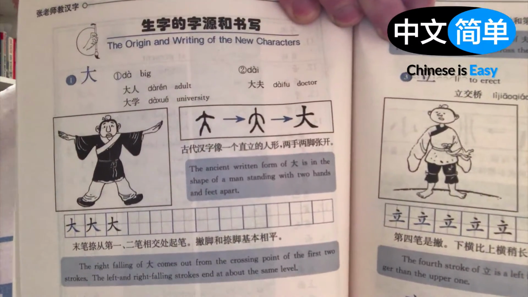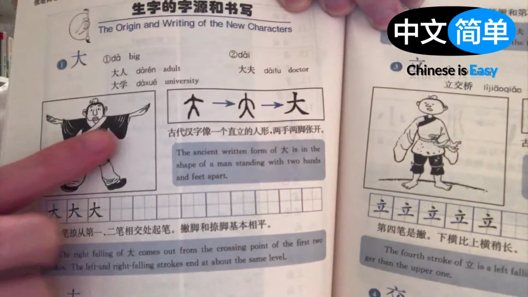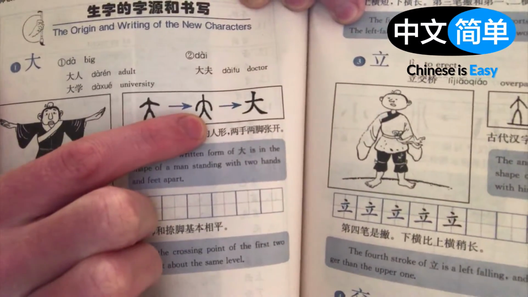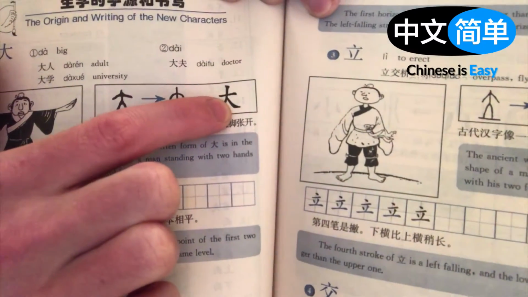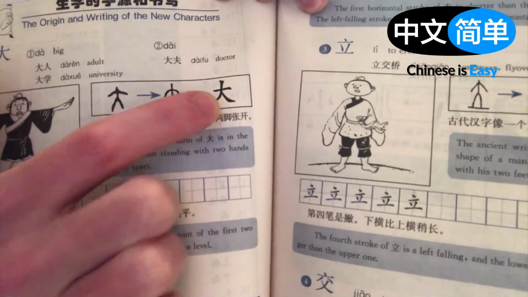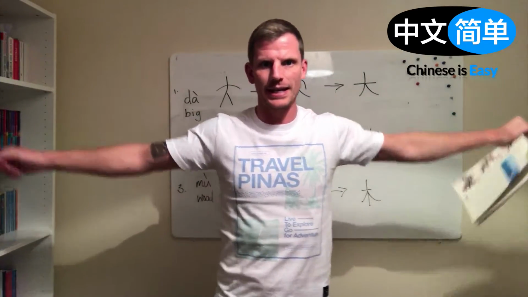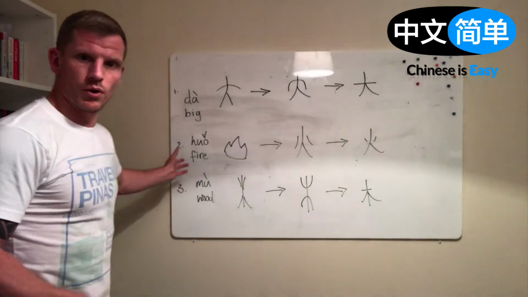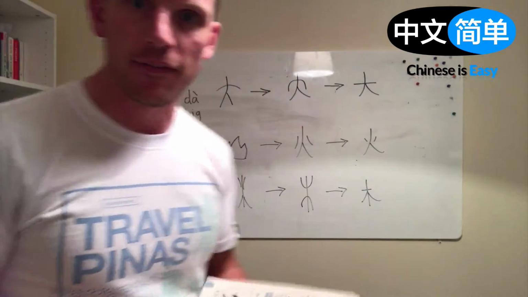As you can see, it started off as basically a man, and then here a man with his arms drooping down, and then the current form that we use now. So I think that makes it quite easy to remember if you can actually see that it's a man with his arms out.